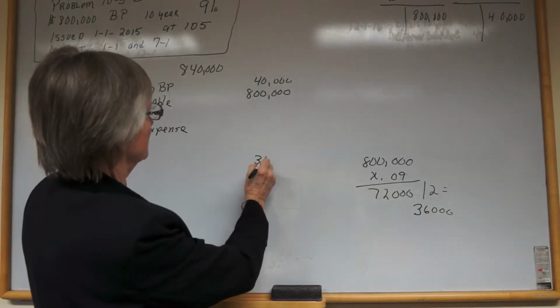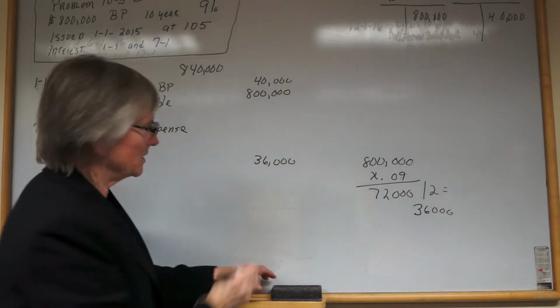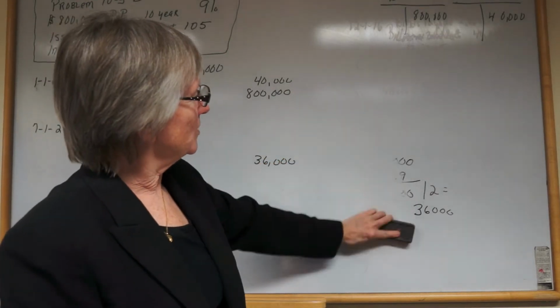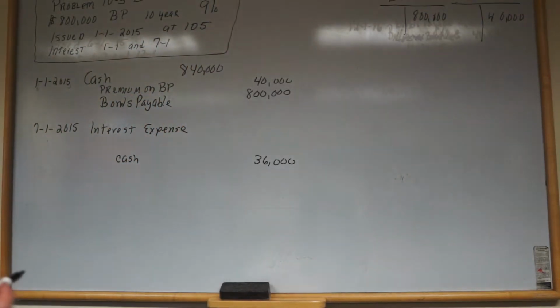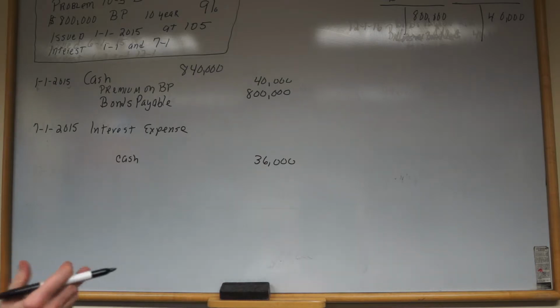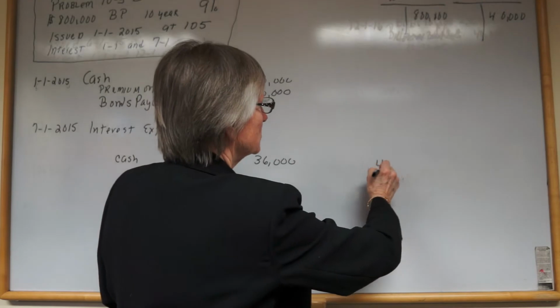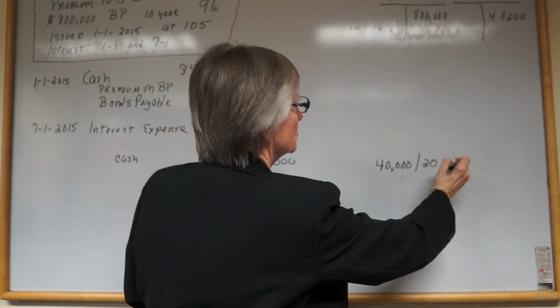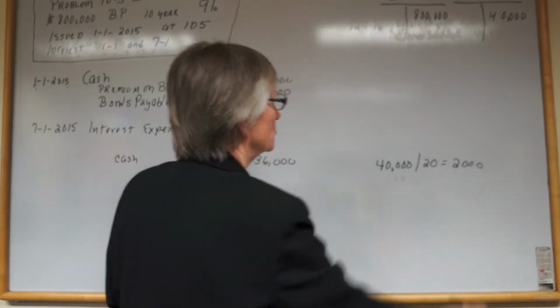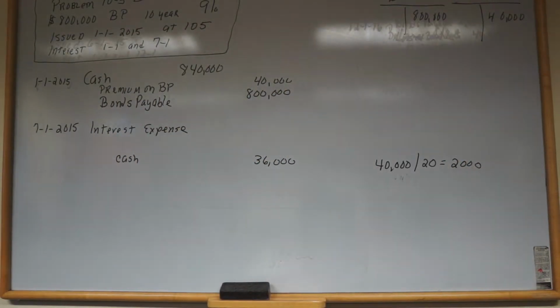So here's 36,000. But we also know we're going to amortize some of this premium with each interest payment. So how many interest payments do we have altogether? Well, it's a 10-year bond, 2 payments each year, so that's 20 payments. So we take the 40,000, divide it by the 20 payments, and each payment we're going to amortize 2,000 of that premium.